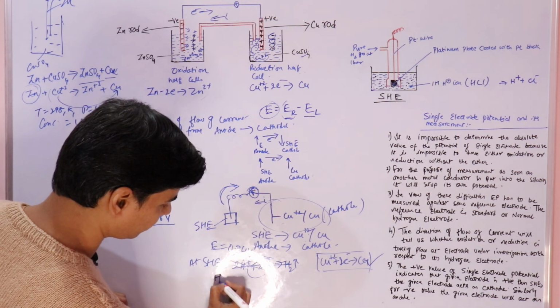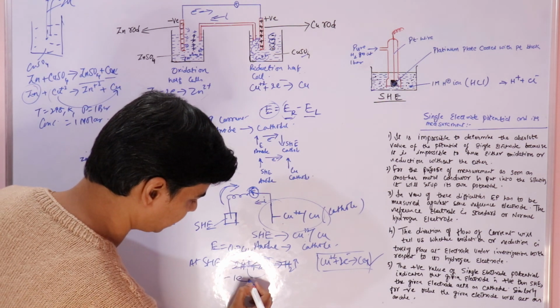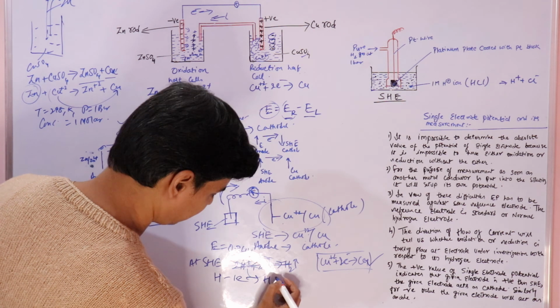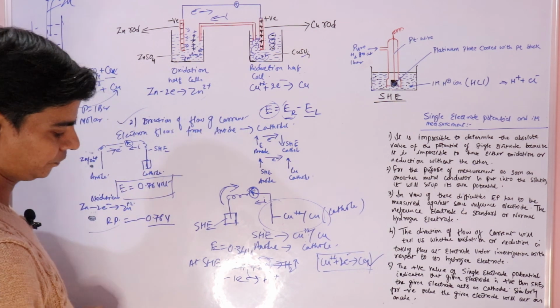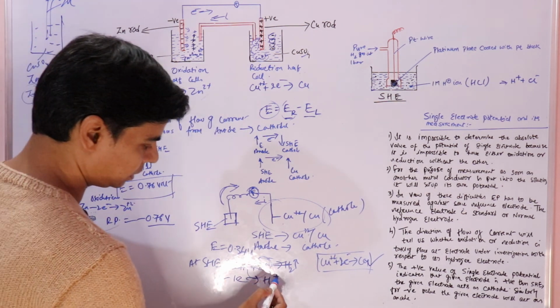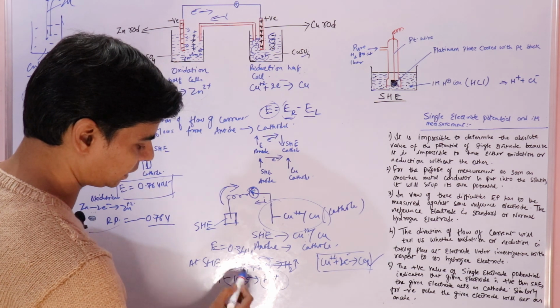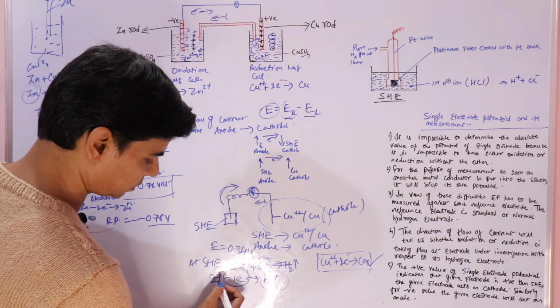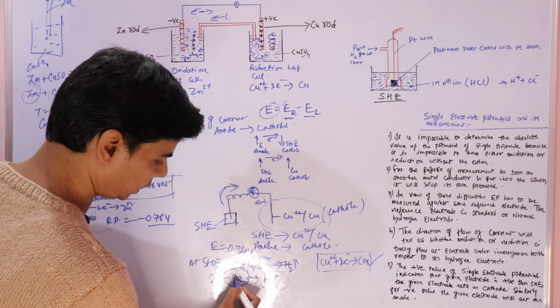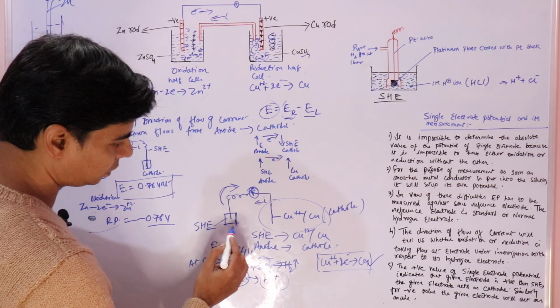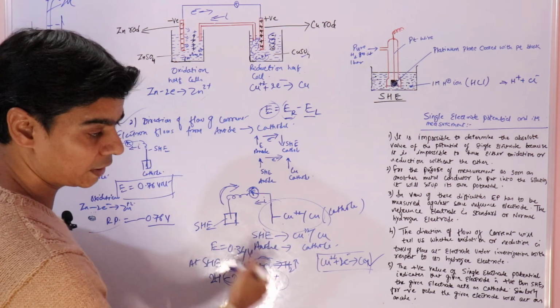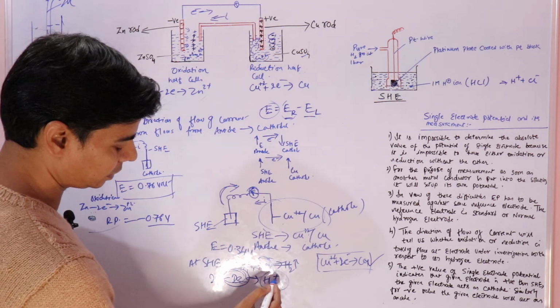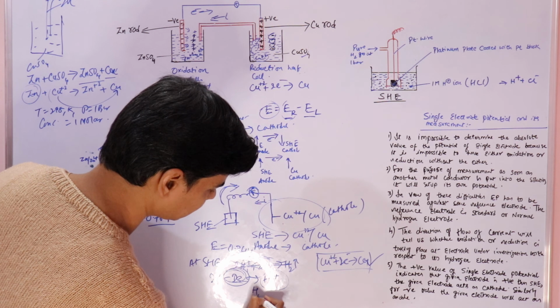So hydrogen will lose electrons to form hydrogen ions, right? These are hydrogen ions, and these electrons that it will lose, so two hydrogen atoms will lose 2 electrons, which will move to the other electrode, that is copper electrode, right?